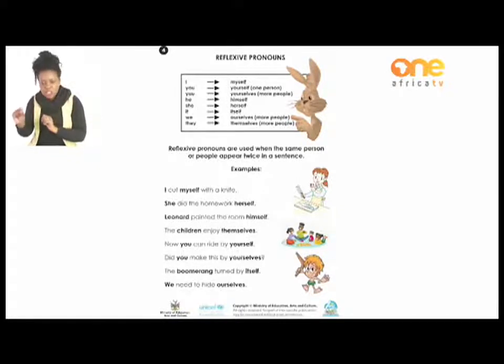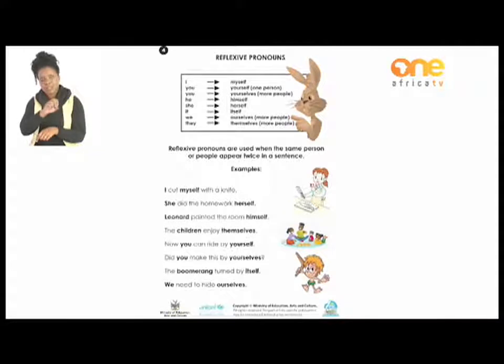Now, in that box, there are examples that are given for you. I is an example of a personal pronoun. But when we have to refer it to a reflexive pronoun, it becomes myself.